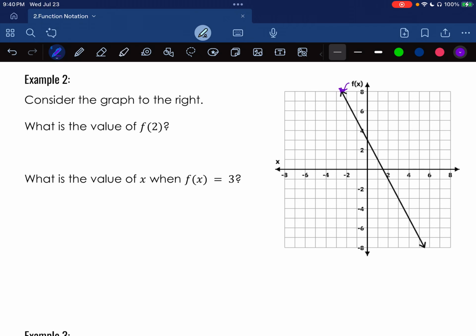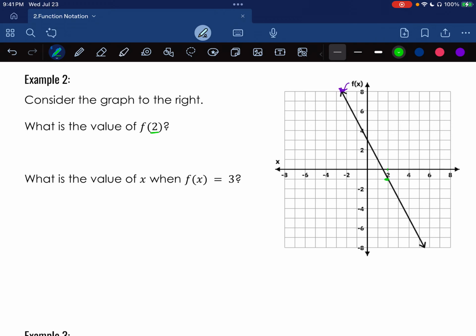We're going to consider this graph here. We're looking at what is the value of f of 2. So, f of 2, I'm thinking, where is x equals 2? Well, x is 2 right here, and so here is where my graph crosses over.